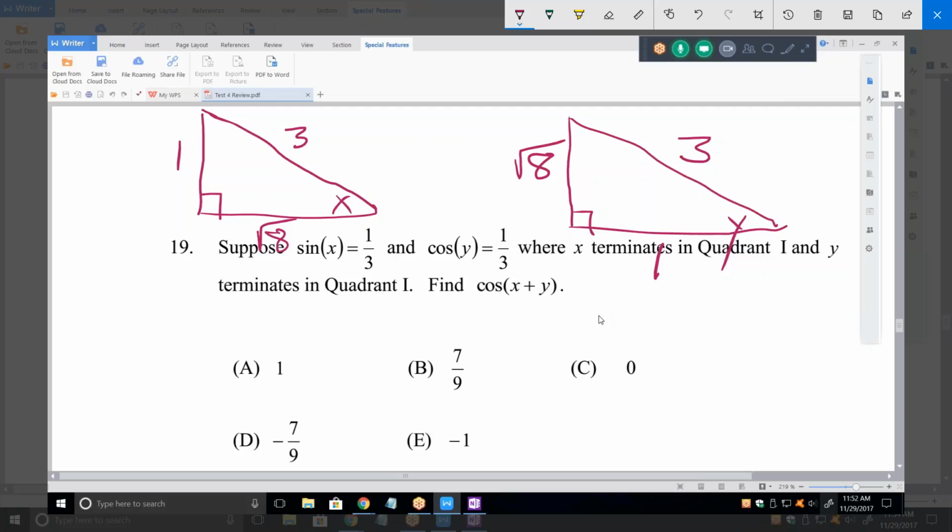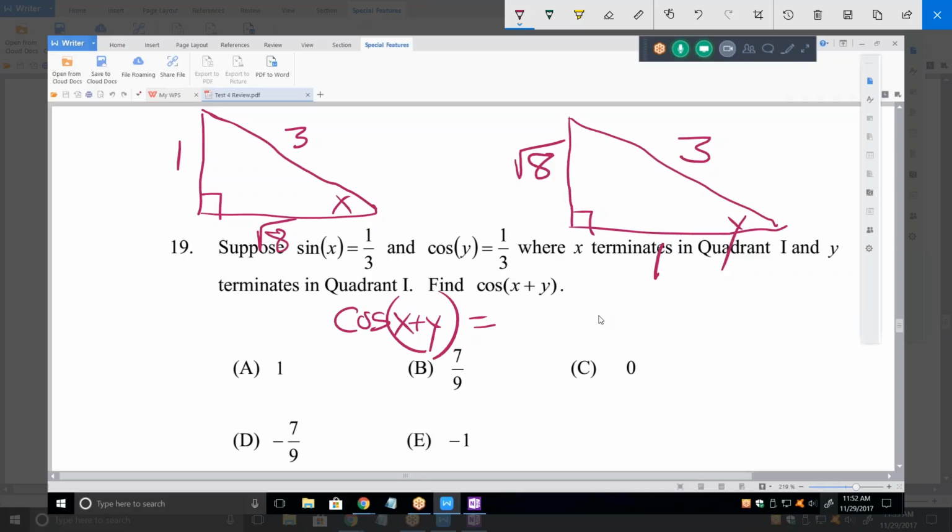Now we want cosine of x plus y. Just working with that, tell me what that is equal to. We want to use the sum or difference formula.